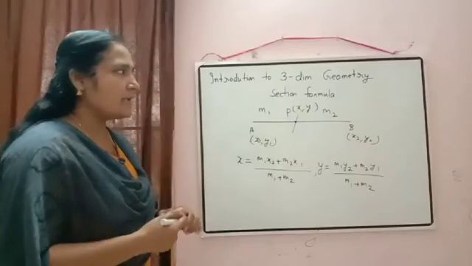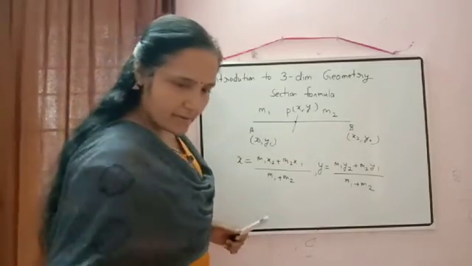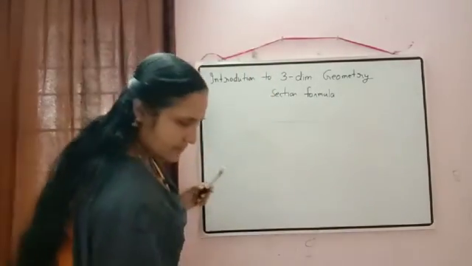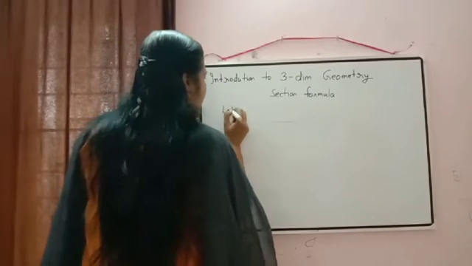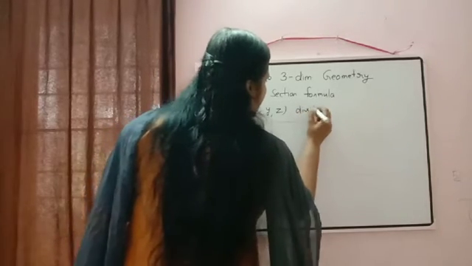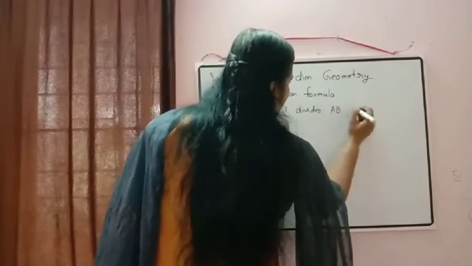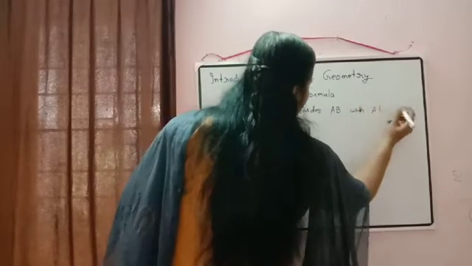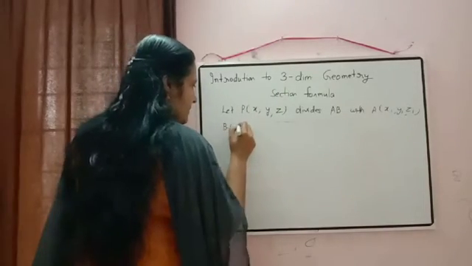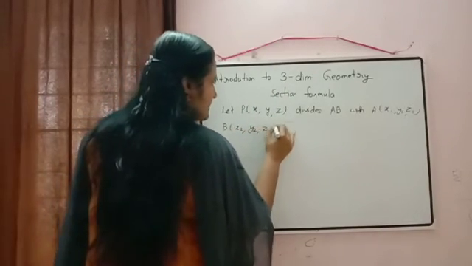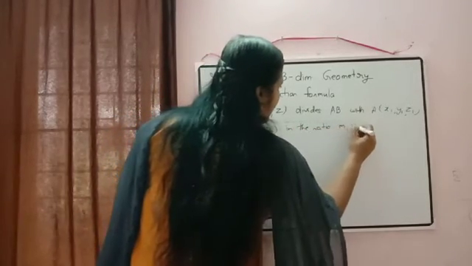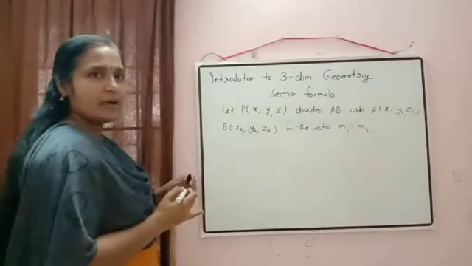Let P (x, y, z) divide AB, with coordinates of A as x1, y1, z1 and B as x2, y2, z2, in the ratio m1 is to m2.